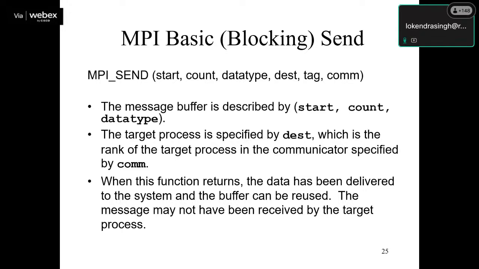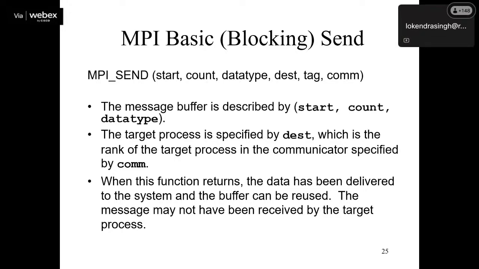There are two basic things, blocking and non-blocking send. There is some syntax; just remember it. MPI_Send: start, count, data type, destination, tag, and comm.